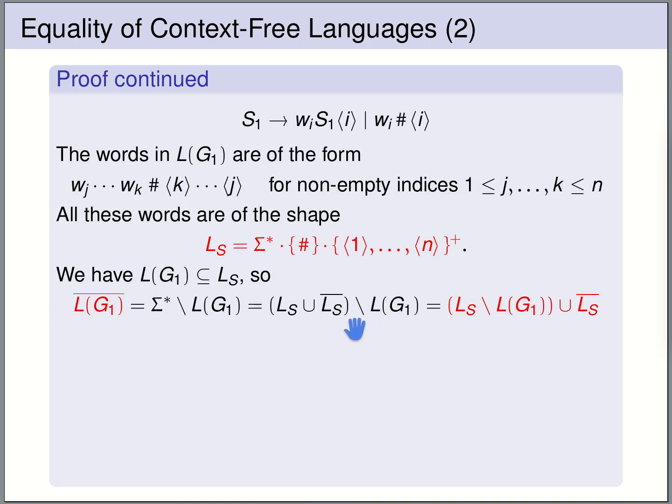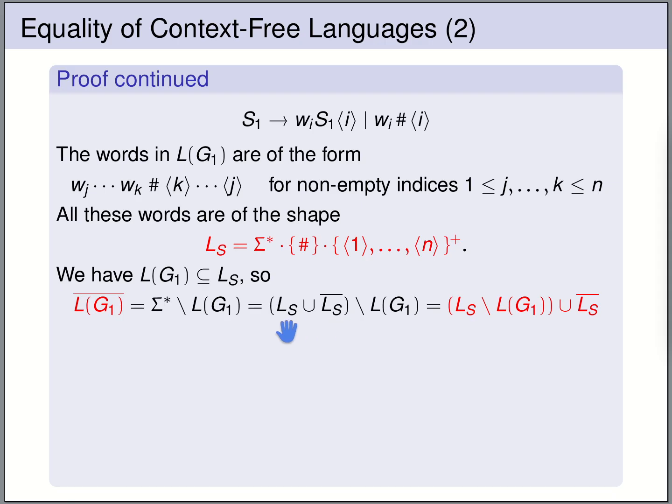Now we know that every word in the language of G1 is of the form Ls. We have that the language of G1 is a subset of Ls. So this means that none of the words in the language of G1 are in the complement of Ls. So this language with the complement of Ls has an empty intersection.